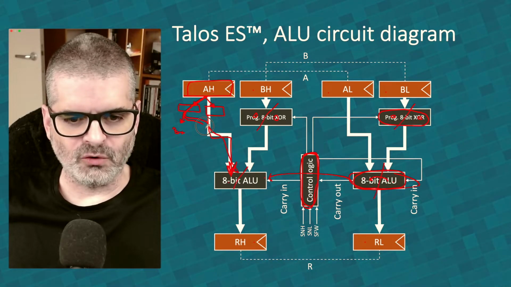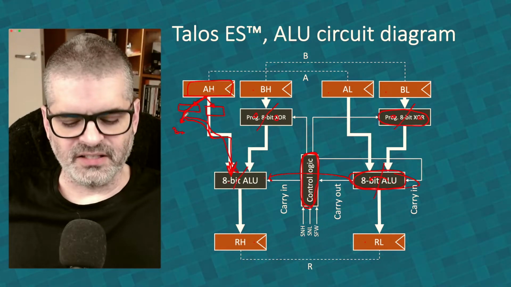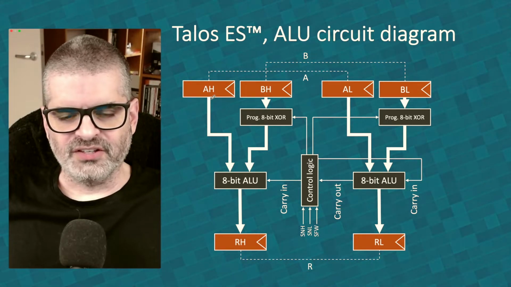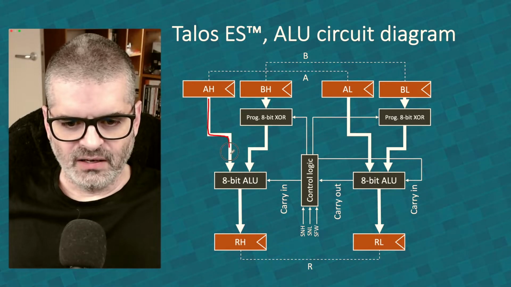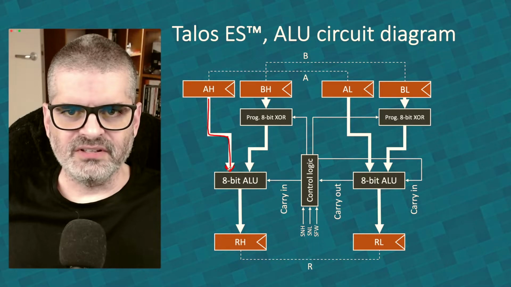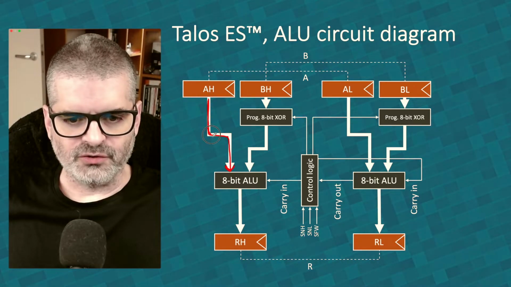In general, all of these 74 logic chips expect that when they drive a line, on the other side of the line there will be a fairly high impedance input, meaning that there is very low current draw.